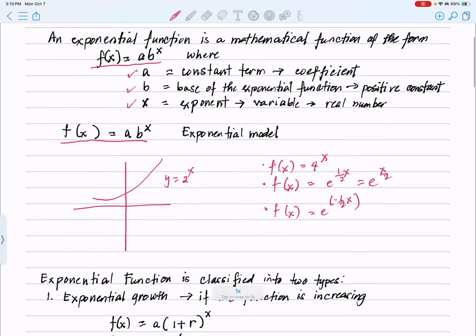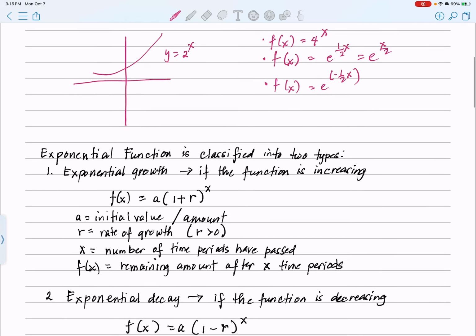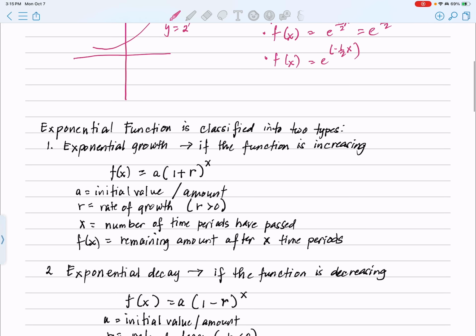Exponential functions are classified into two types. One is the exponential growth. Okay? And it's a function, the function is increasing. So the quantity increases slowly and then progresses rapidly.